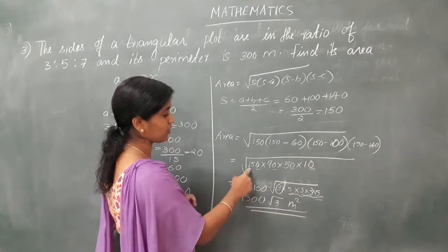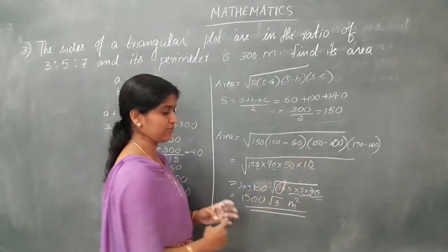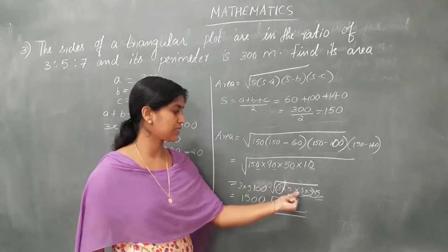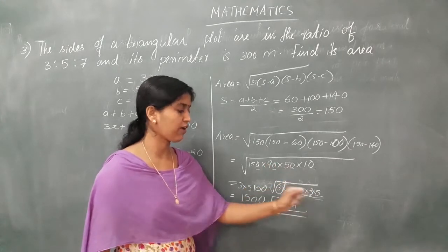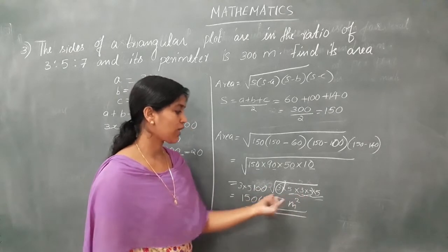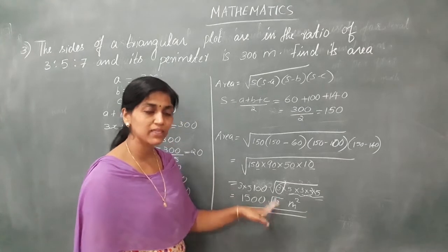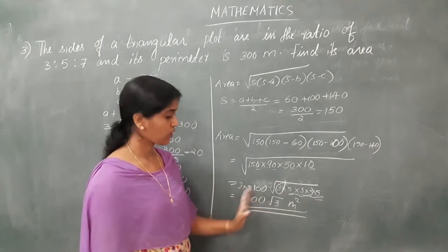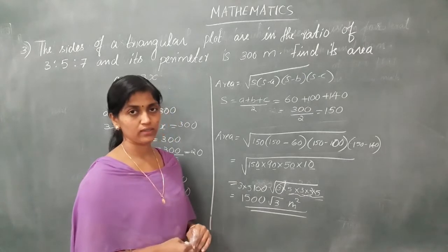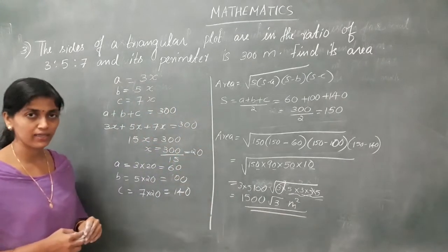Then what is left here? 15, 9, 5 and 1 is left. 15 I wrote as 3 into 5, 9 I wrote as 3 into 3, then again 5. Clear? Then all that are having pair I took outside the root. Then 3 is not having pair, it will remain inside the root itself. So our answer will be 1500 root 3 meter square. That is the answer for this question. Clear?